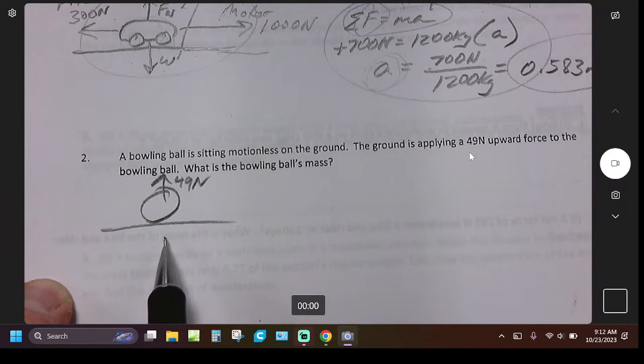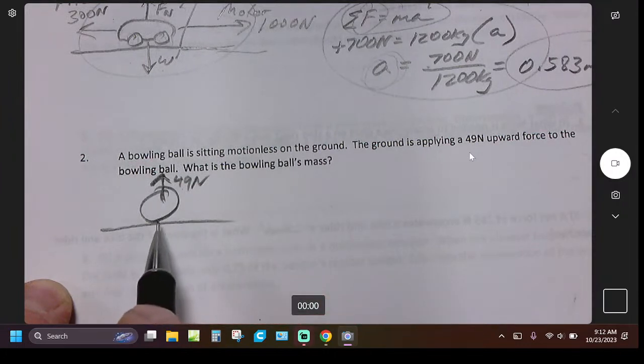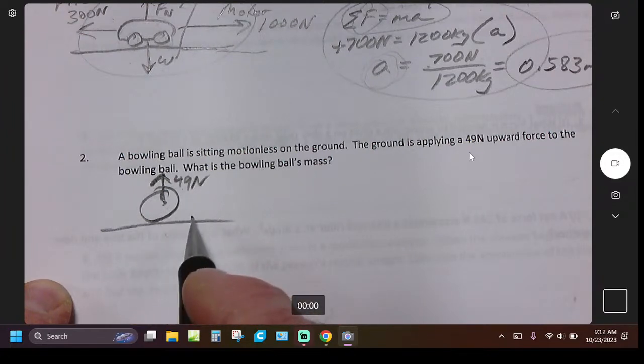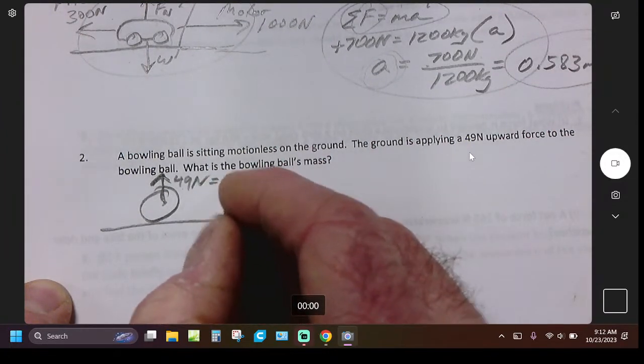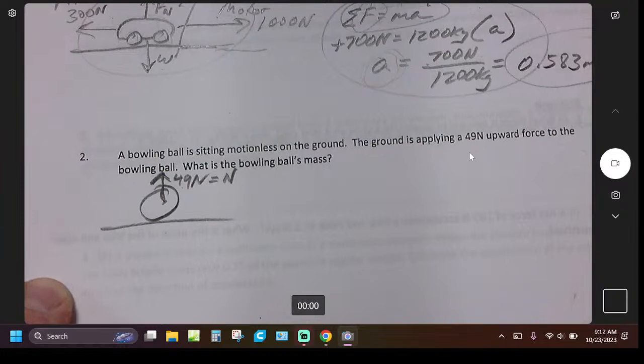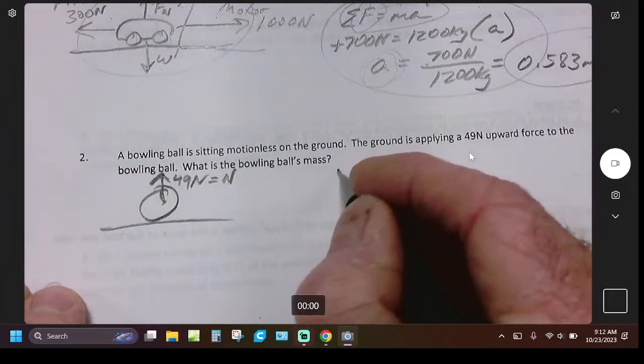My diagram's not complete. What's missing? Yeah, we know the weight, but we're kind of jumping ahead. How do you know the weight? Normal force is weight? No, that's not how we know the weight. So let's hold that and go on and do the newtons.